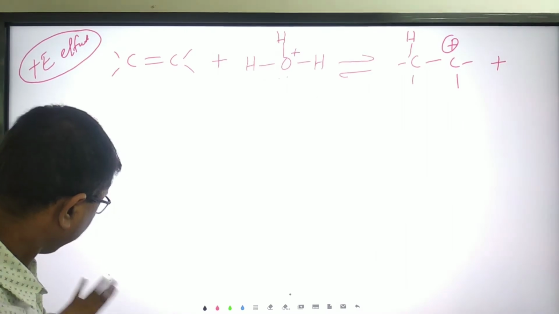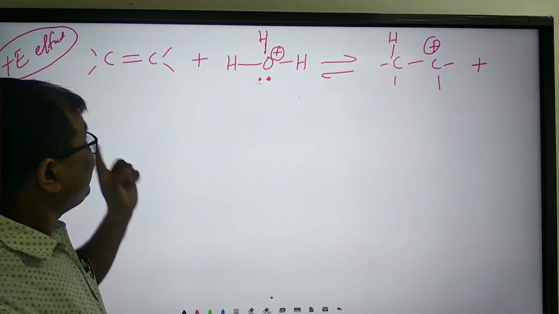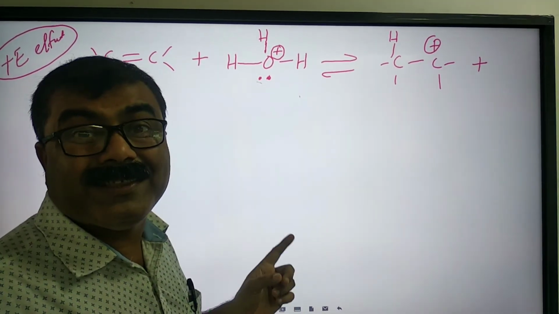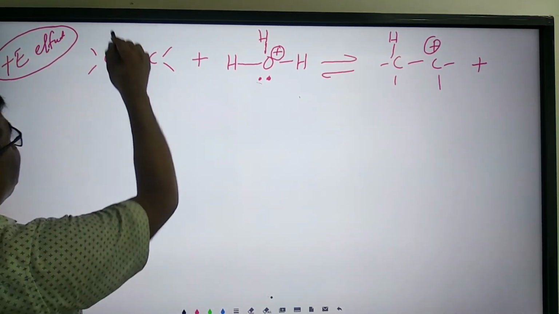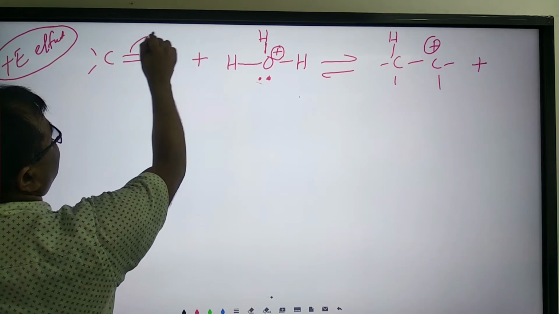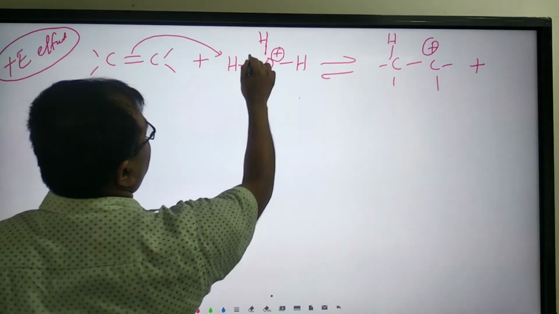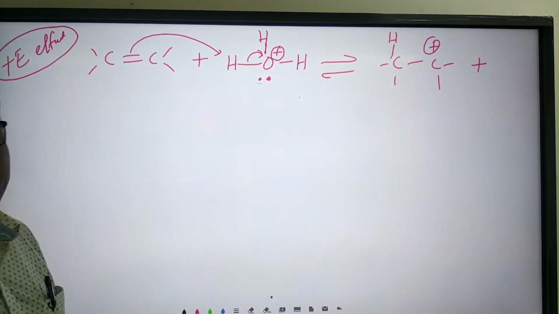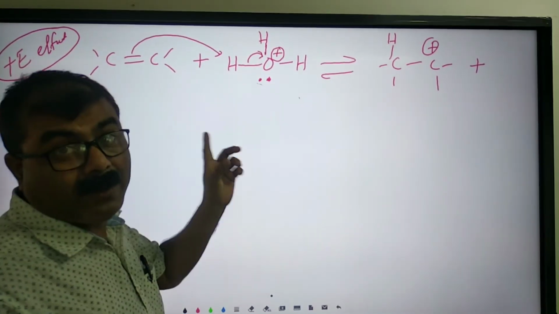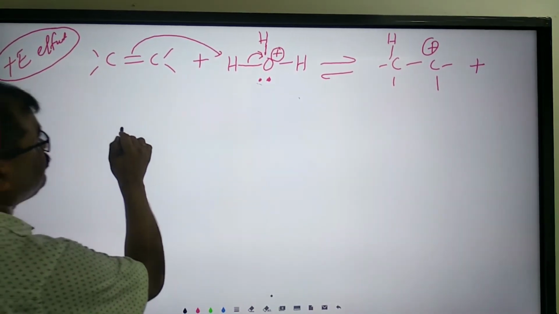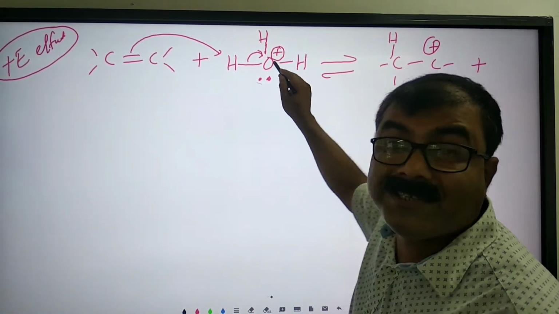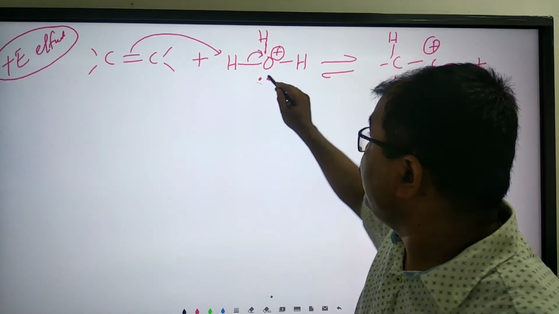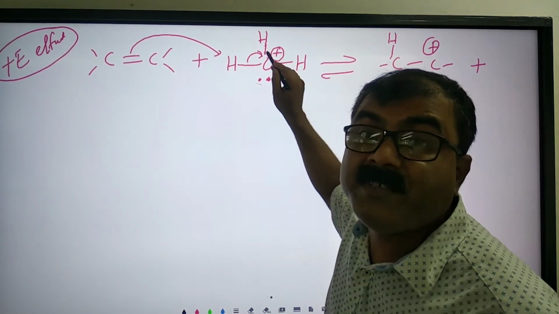Now, my dear students, here the plus E effect is taking place. You see here, in the book it is simply shown like that. But actually, what is happening? See, in the hydronium ion, oxygen is highly electronegative and here one positive charge is there.